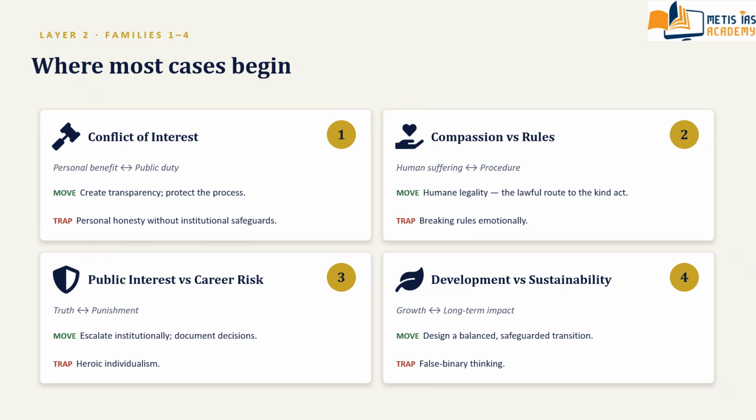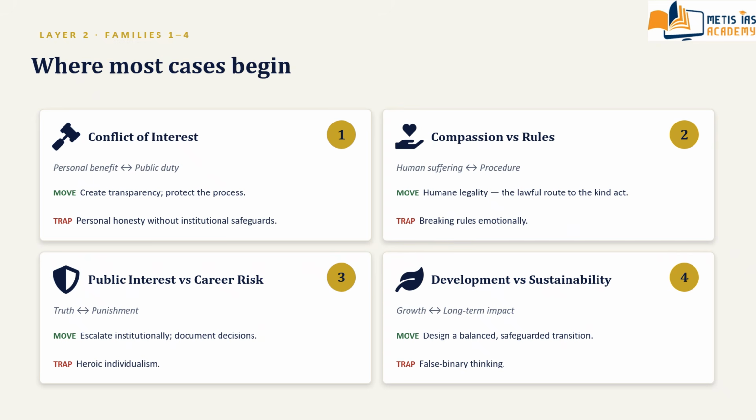So we are moving to family number three, that is public interest versus career risk. What is the public interest and what is the career risk, and what is the pattern here: truth to punishment, punishment to truth. After identifying the pattern, the winning move is to escalate institutionally and document decisions.